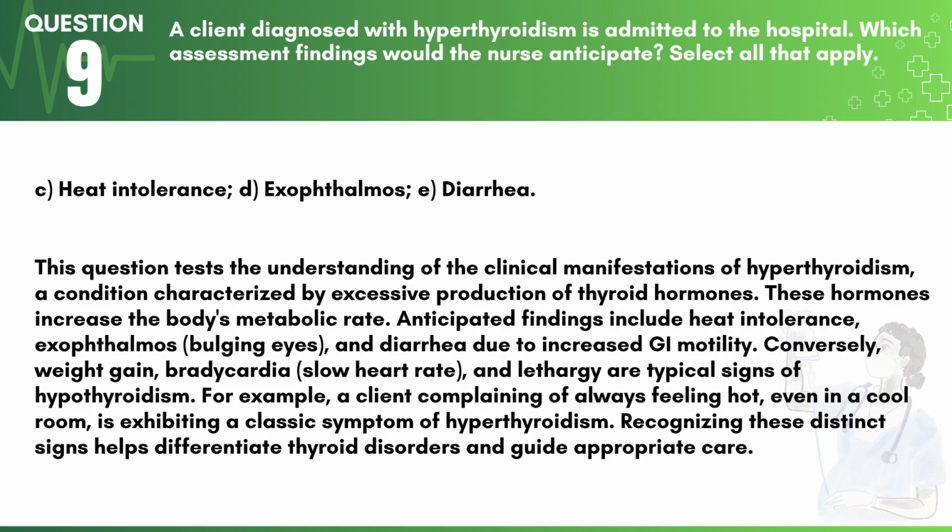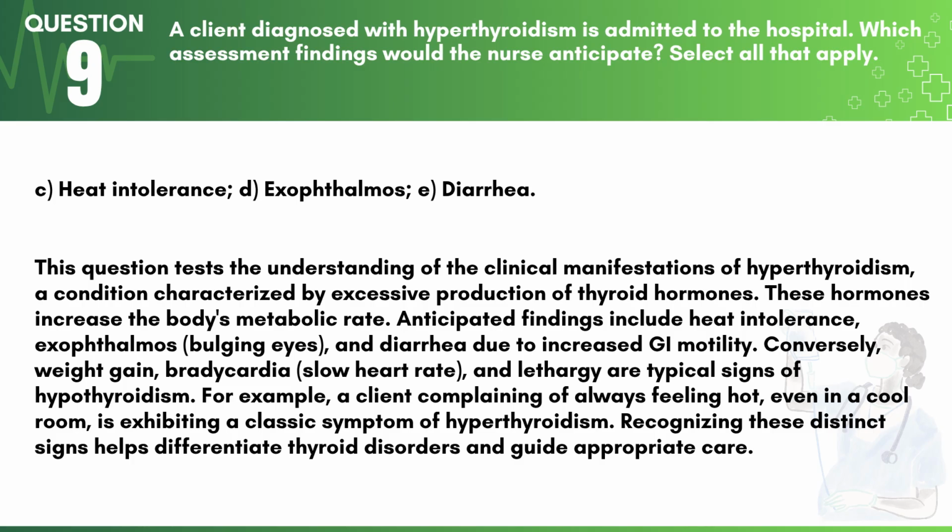This question tests the understanding of the clinical manifestations of hyperthyroidism, a condition characterized by excessive production of thyroid hormones. These hormones increase the body's metabolic rate. Anticipated findings include heat intolerance, exophthalmos, bulging eyes, and diarrhea due to increased GI motility.